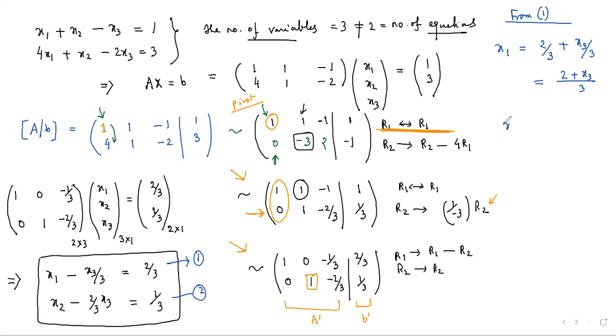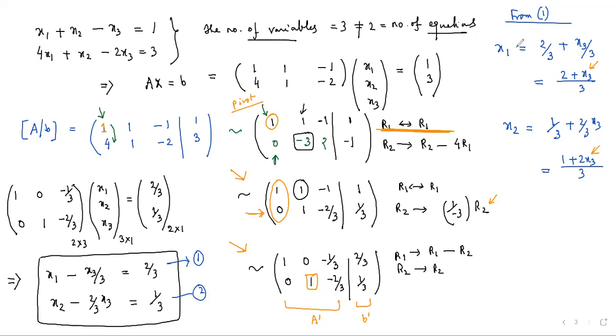The form of the variable x2 is 1/3 plus 2/3 x3, which is 1 plus 2x3 by 3. Now this x3 actually has an independent choice.